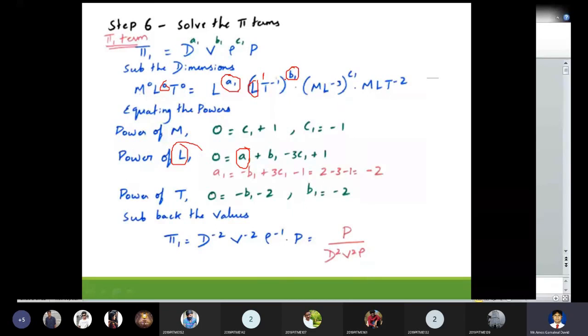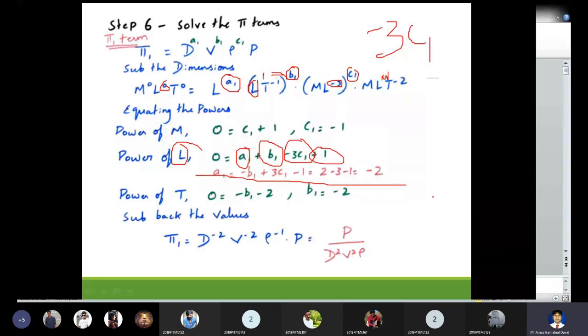So 1 into b1 will give you b1, so plus b1. Then this one, minus 3 into c1, becomes minus 3c1. I have put it here, minus 3c1. Then over here there is only 1. The power of L is 1, so I'm putting it as plus 1. I'm just going to keep this as is, this step will be done in the end.